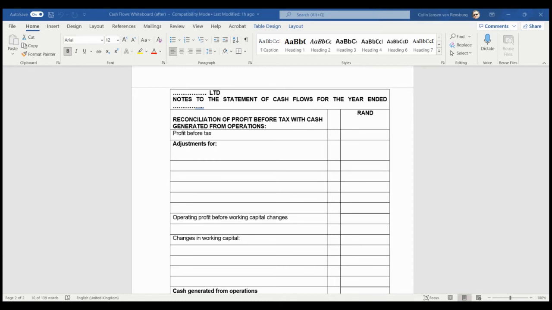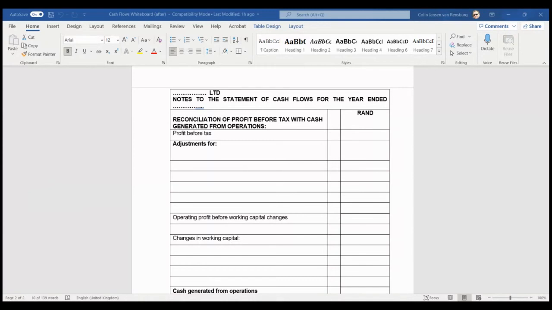That will include any income item that is part of your so-called other operating activities, right? So it's not part of your operations, it's part of your other operating activities. I'll come back to that just now. So, ladies and gentlemen, if we talk about income and expenses that are not part of operations, how are we going to determine which they are? Well, we'll come back to that in a minute.